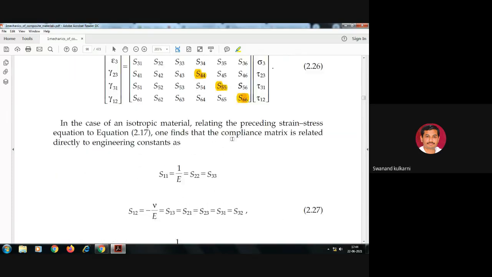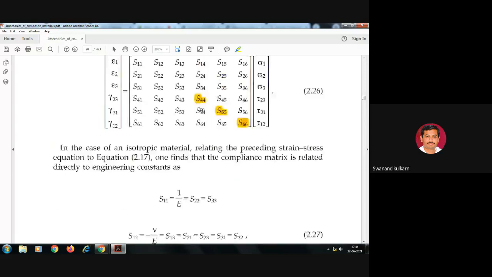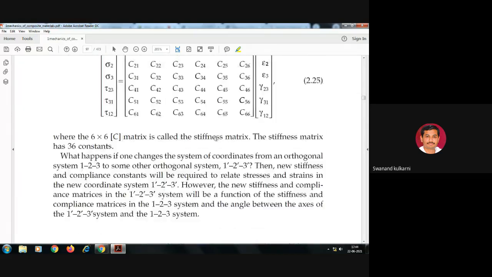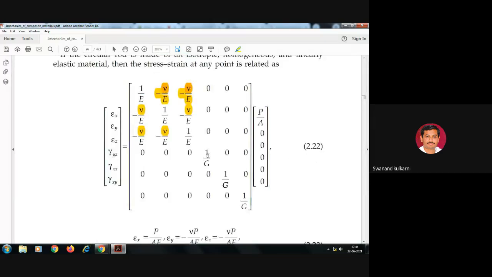Then S44, S55, and S66. So if we compare this particular value with this matrix which we have derived based on our assumption, we'll come to know what is meant by this S44. So this particular value is S44, this particular value is S55, this particular value is S66. Is it okay?